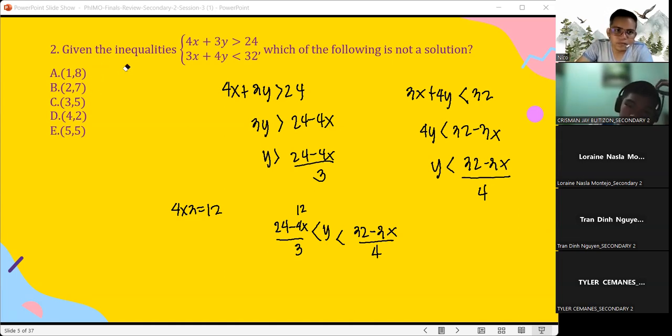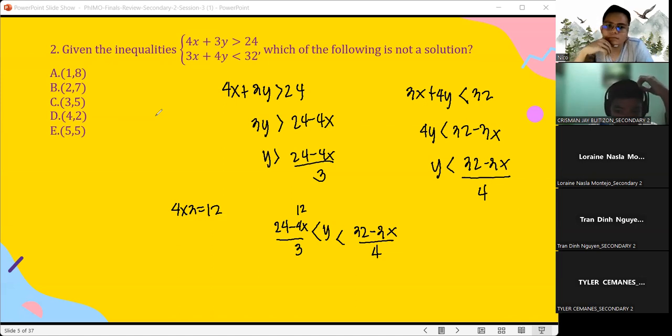Wait. If it's 1, so it's 20, 20 divided by 3. If it's 2, 15, so divide by 3, that's 5.